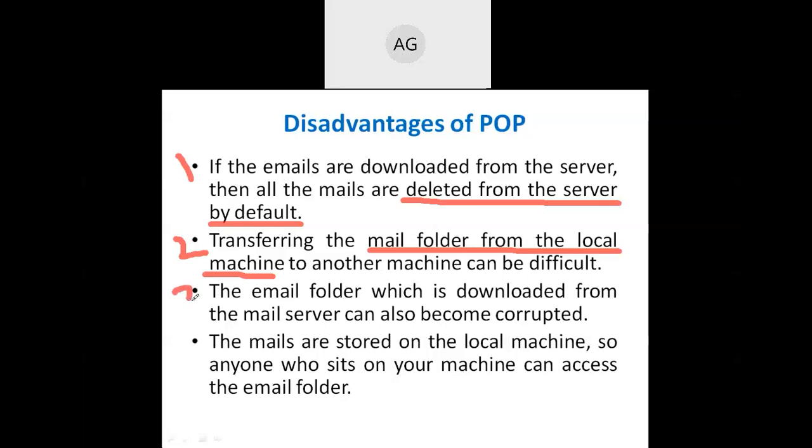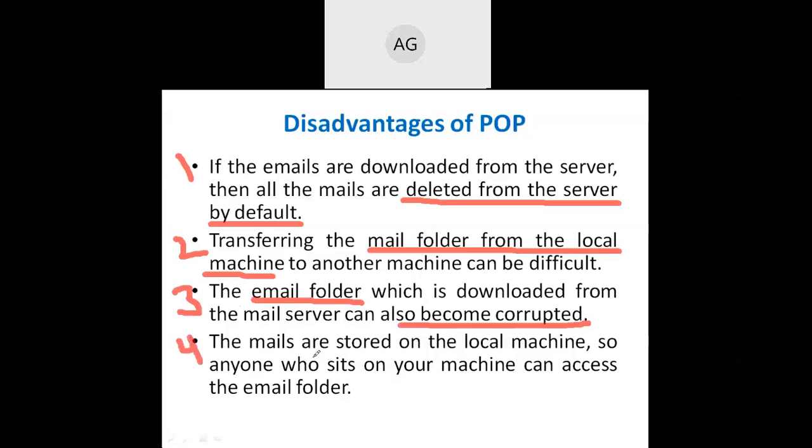The third disadvantage is the email folder which is downloaded from the mail server can become corrupted if we are using it in an improper way. So security is a concern in the case of the email folder.